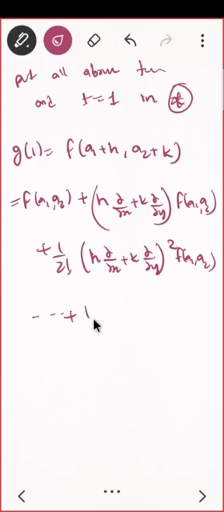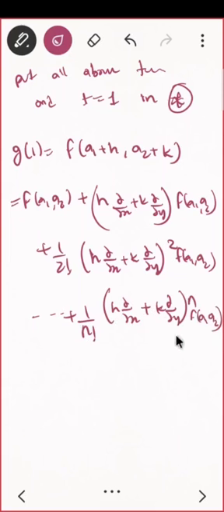The nth term will be 1 upon n factorial (h ∂/∂x + k ∂/∂y) raised to n into f of (E1, E2), plus the remainder term, t raised to n plus 1.